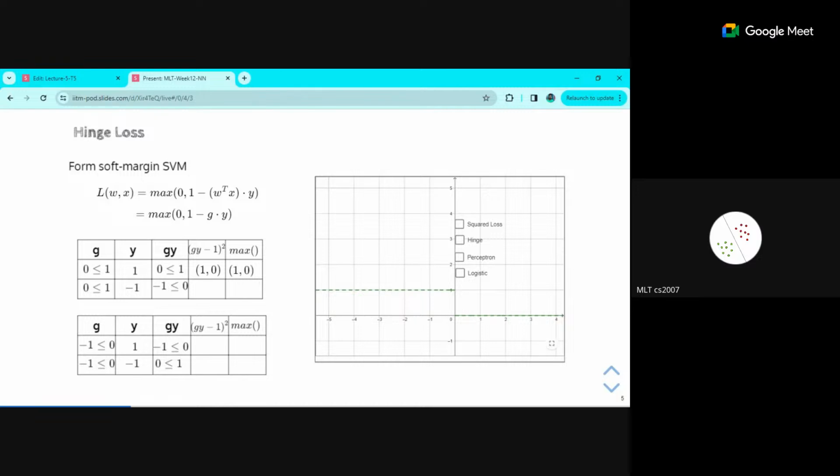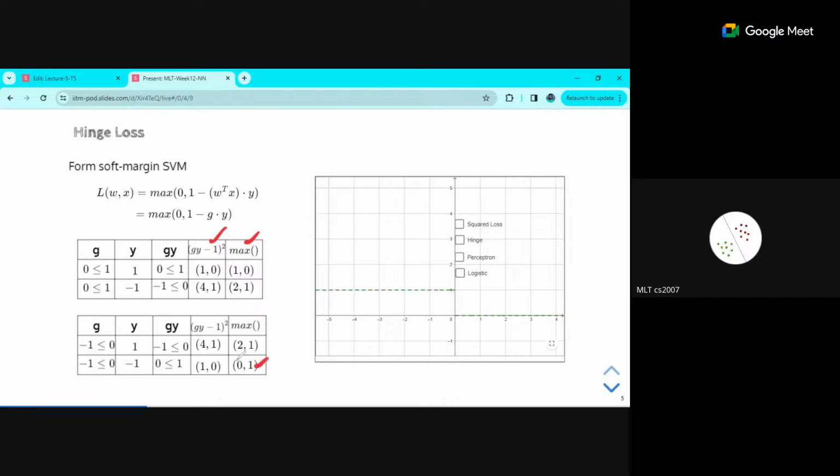On the other hand, for misclassification, you can see the squared loss is penalizing heavily, whereas this one is not penalizing heavily. It is quadratic for the squared loss, but linear here, in terms of penalizing the misclassification. Similarly, I can do the same for the other range.